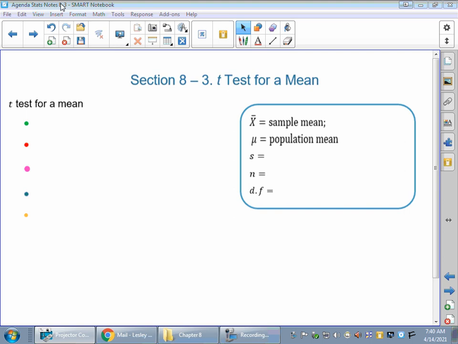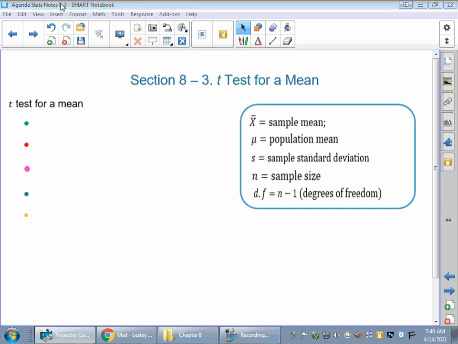And then in t values, we didn't know population standard deviation, sigma, but we do know S, our sample standard deviation. Everybody knows that N is our sample size, and a new addition to our symbols, degrees of freedom. Remember, that's the number of values that are free to vary after we do our calculations. It is N minus 1.